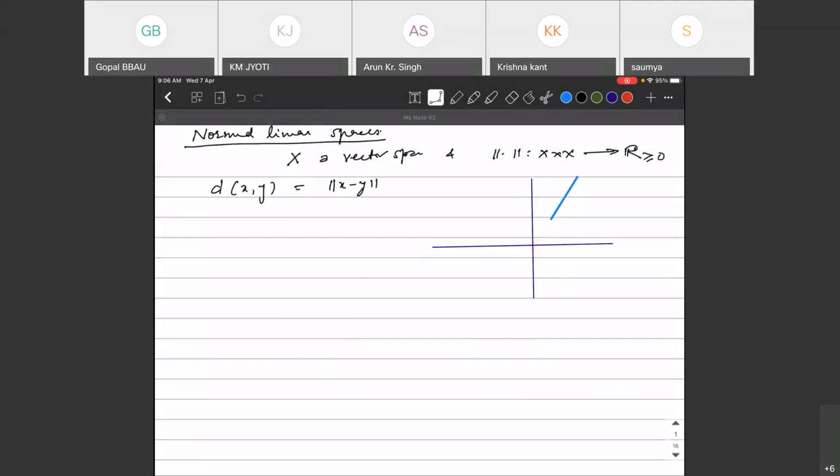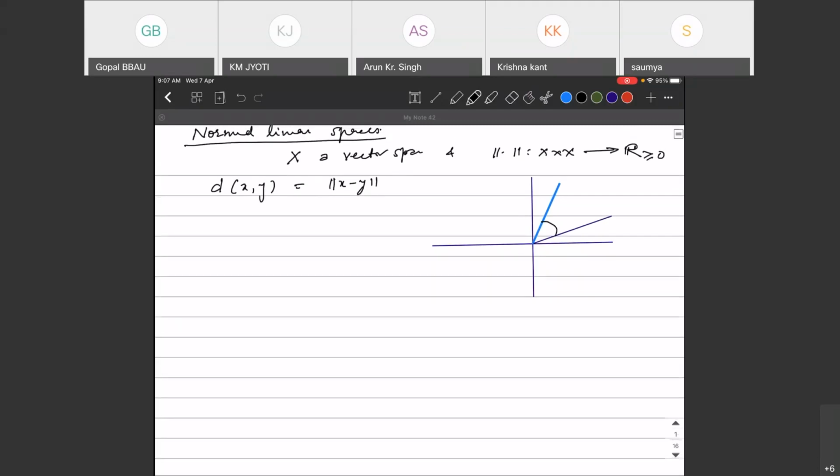Say this is one vector, and this is another vector. So then there is this notion of angle in geometry that was missing in non-linear spaces. So now we are interested in this concept of angles.